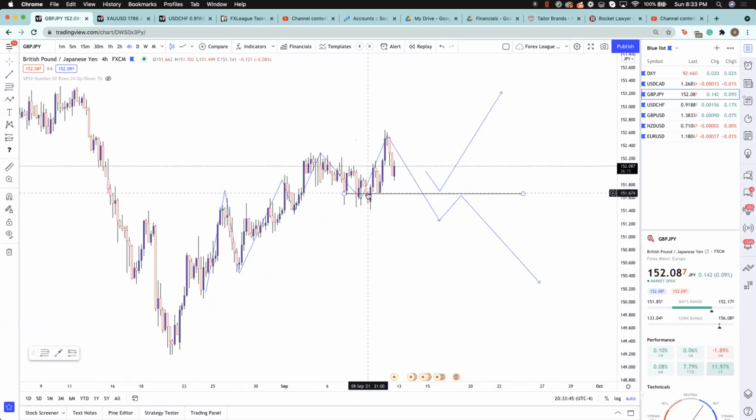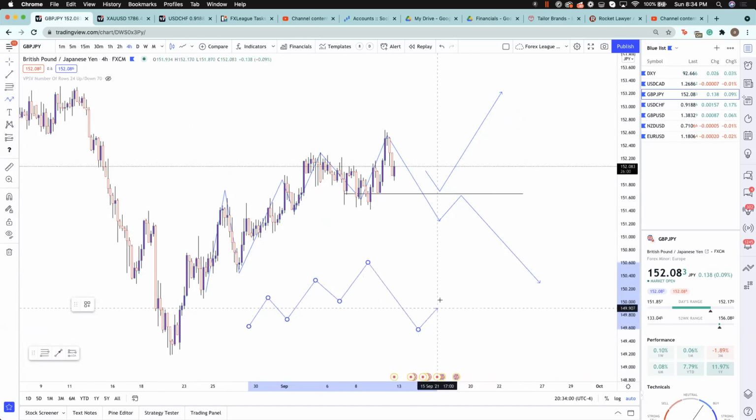And as of now, I would at least need to see this level break and then retest, have that first lower high. Because again, we did an example of a downtrend to an uptrend. This is just an uptrend to a downtrend. So this is exactly what we would need to see, something like this, a little bit of a break. And then we'll look to enter pretty much right here.